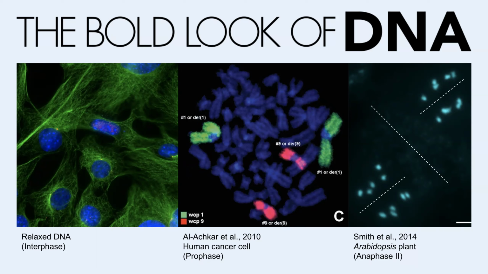So the packaging of DNA is very brief from the standpoint of the whole cell cycle or the lifespan of a cell. The packaging happens in eukaryotes at the beginning of mitosis, so right before cell division, and the DNA is already loosely packed again by the end of mitosis. And mitosis is a small part of the overall cell cycle.